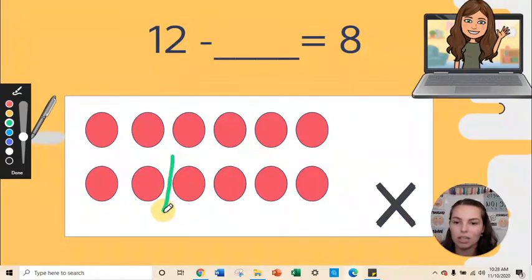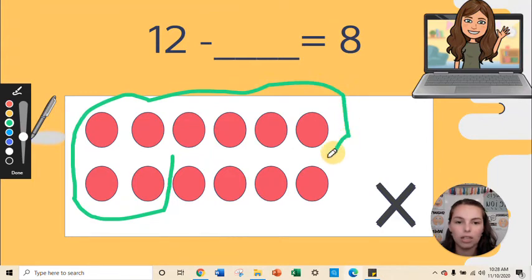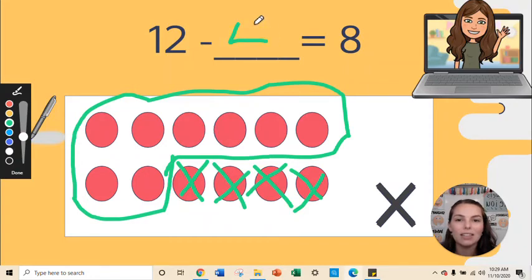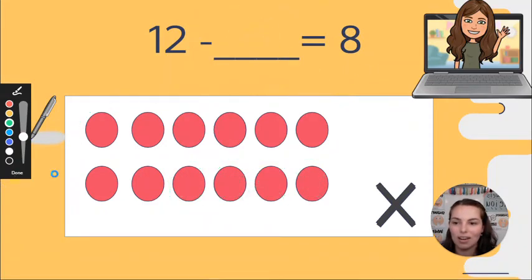And this part can get tricky if you have a big number. When you're circling it, it can get tricky. But there. So how many do I need to take away? 1, 2, 3, 4. So I'm missing 4 students in my Zoom class. There, we can solve it.